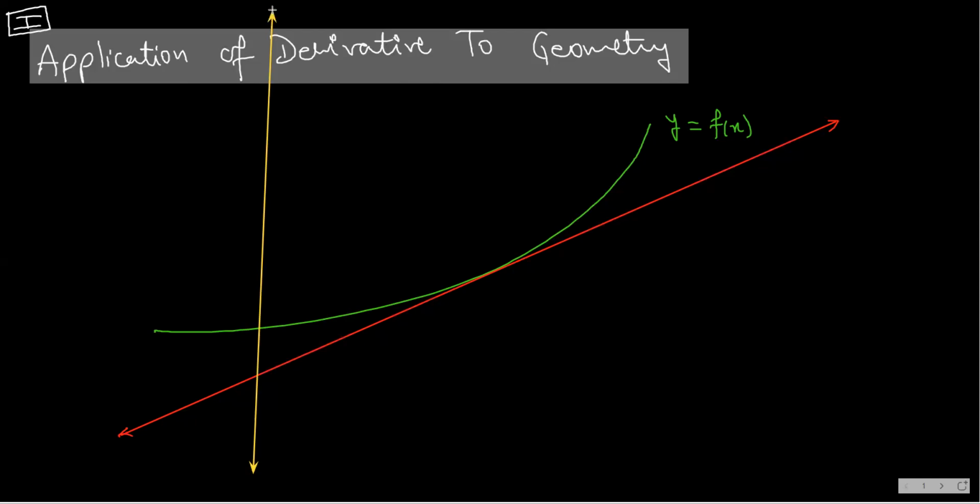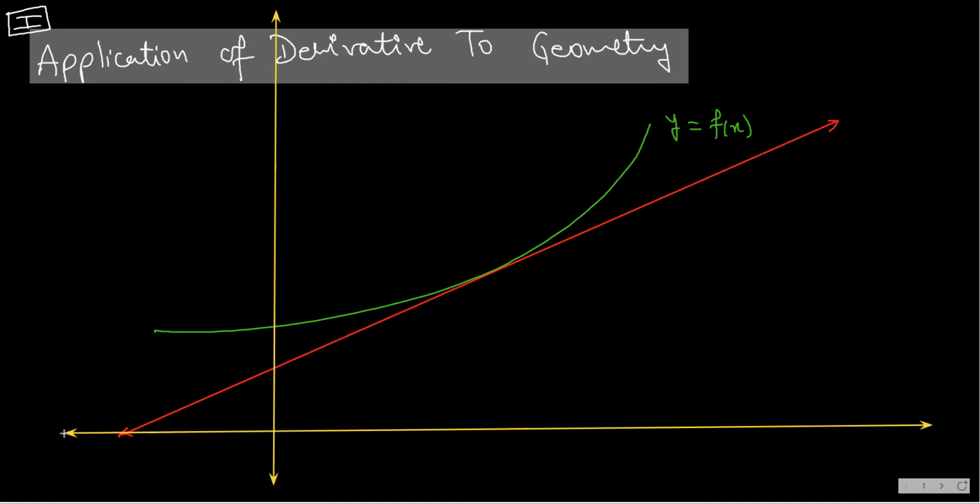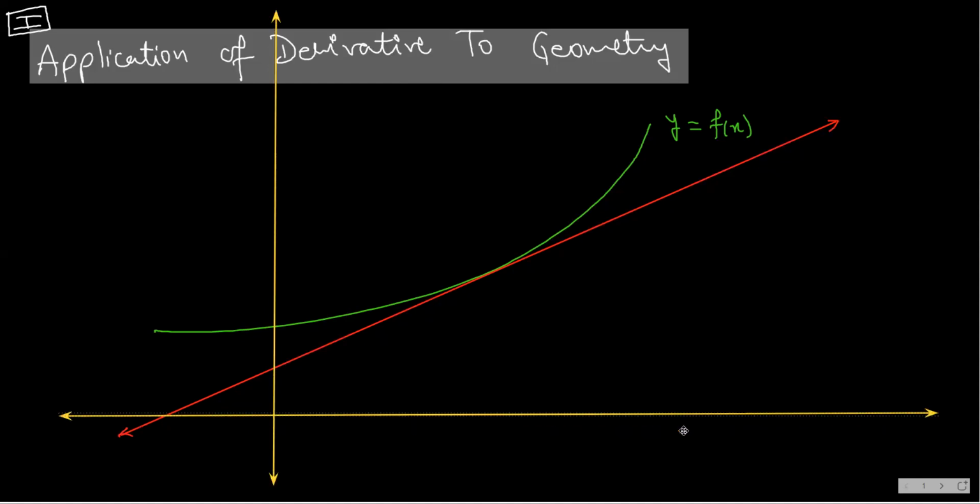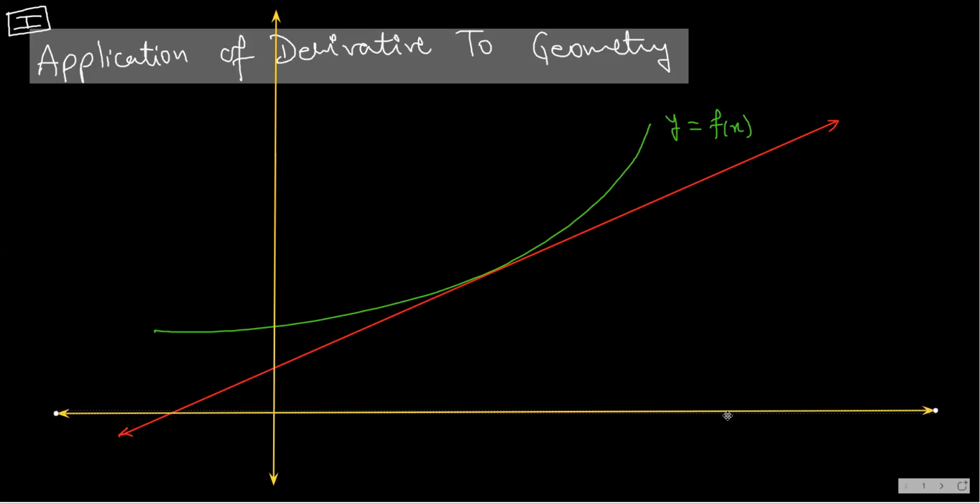So here we have the y axis, and I have the x axis here. Now this point where I draw the tangent to the curve, the point is x equals a. What is the x coordinate of the point?